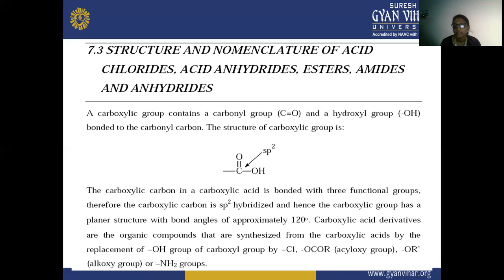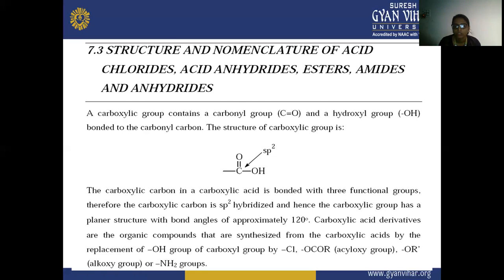OCOR means it becomes your acid anhydride, that is your acyloxy group. The third is OR, that is your alkoxy group. And NH2, that is your amino group. So here is the structure and nomenclature.